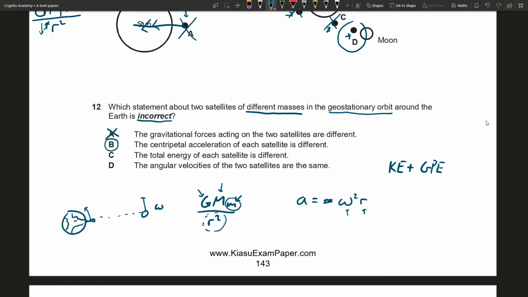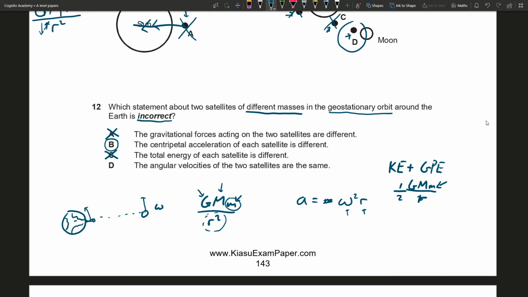Without going into too much detail, if you calculate it out, you will get GMm over r times half, and that depends on the mass of the object. So the total energy of each satellite is different. C is not our answer.